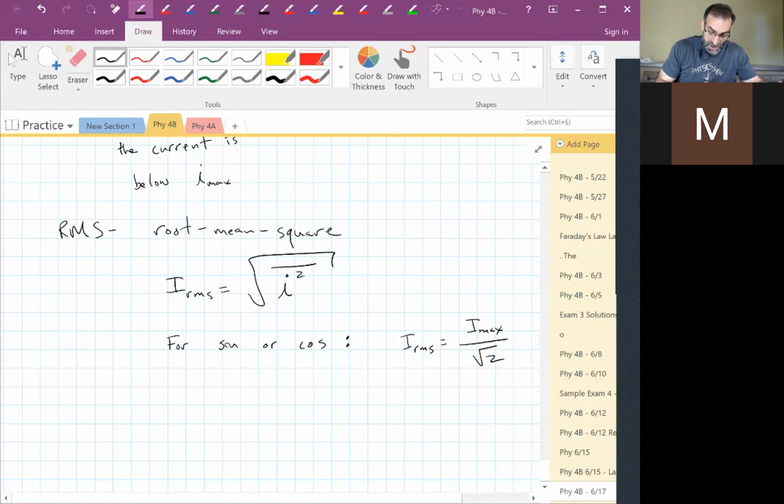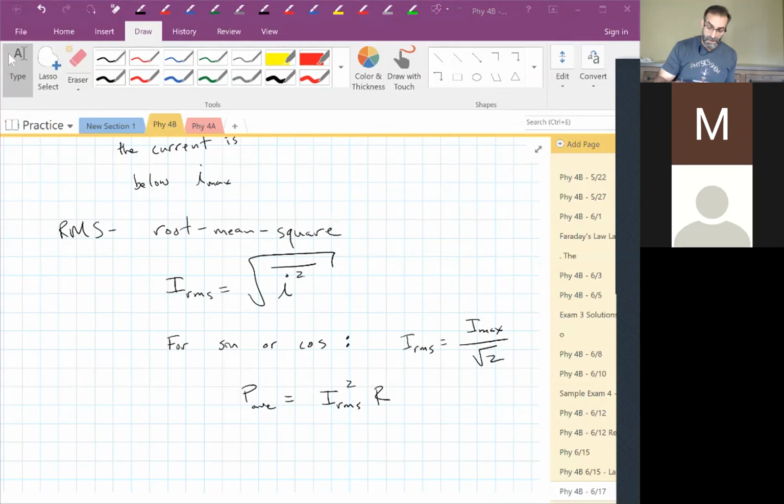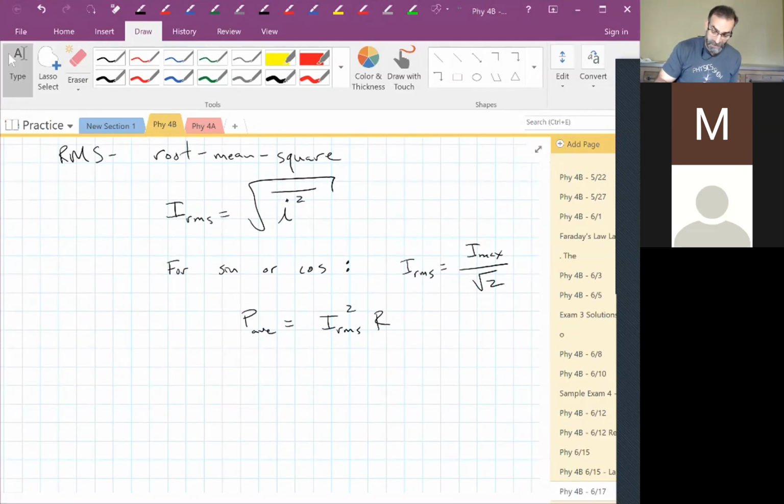We could do the same thing with power or voltage. So for power, we could say the average power is I squared R, and we can use the RMS value to get the average, right? It's a way of averaging an AC signal.